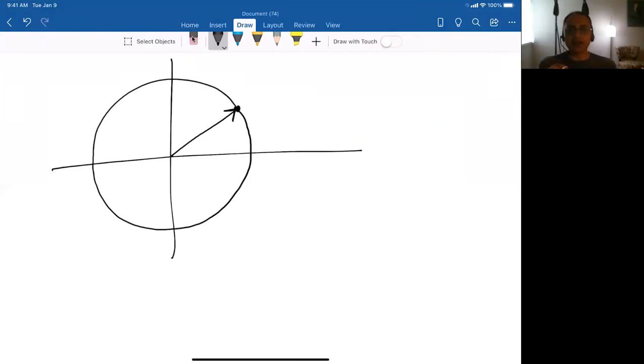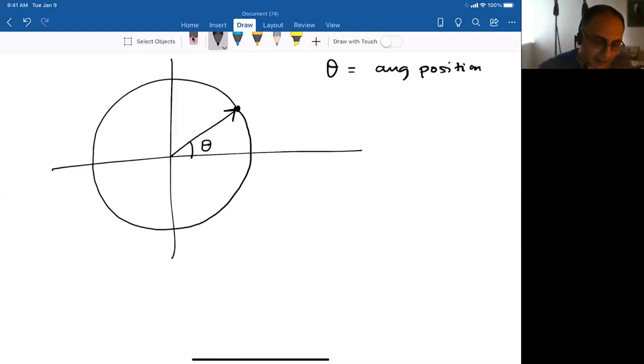So in order to keep track of the position of the object, all you need is this angle that the position vector makes with some reference direction, which you usually take to be the positive x-axis. This angle will be enough to know the position of the particle because you know that it's always going in a circle. And this angle is called the angular position. So theta is the angular position.